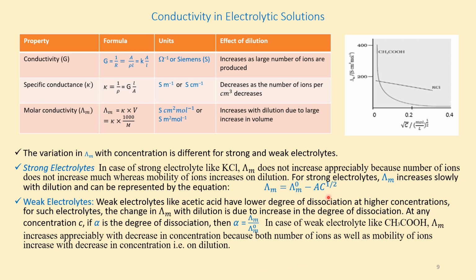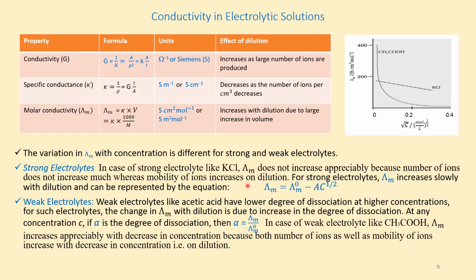It can be seen that if we plot lambda m against C to the power of half, we obtain a straight line with intercept equal to lambda m naught and the slope equal to minus A. The value of the constant A for a given solvent and temperature depends on the type of electrolyte, that is, the charge on the cations and anions produced on the dissociation of the electrolyte in the solution.